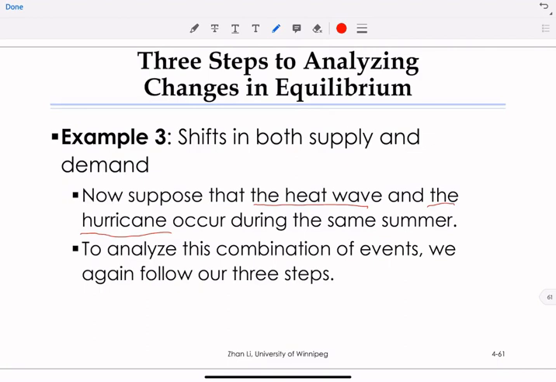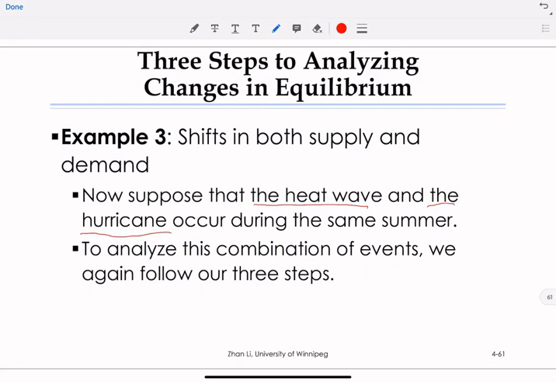Basically, due to the heat wave, demand curve will change, and due to the hurricane, supply curve will change. And then from example 1, because of the heat wave, the demand curve should shift to the right. And from example 2, because of the hurricane, the supply curve should shift to the left.